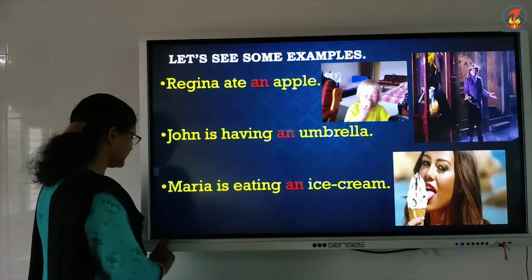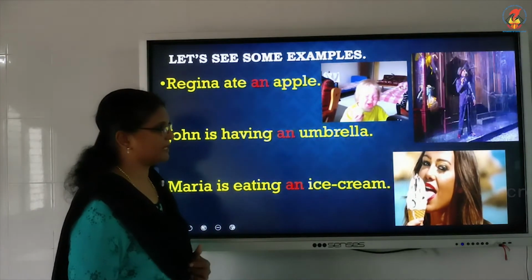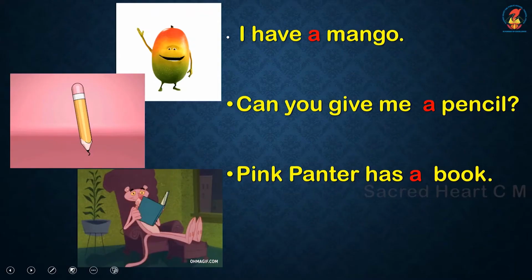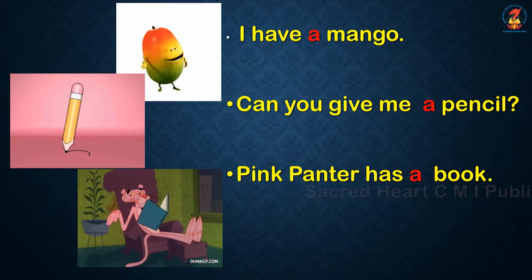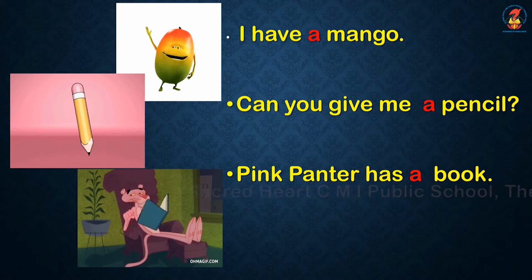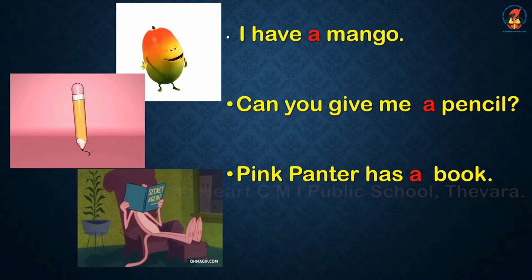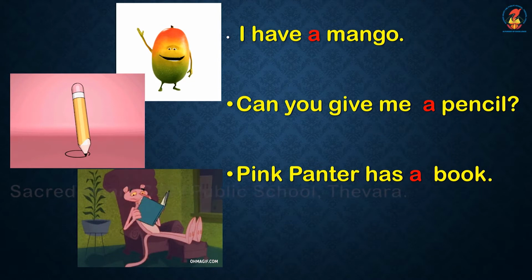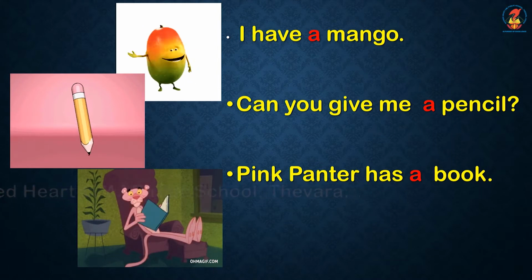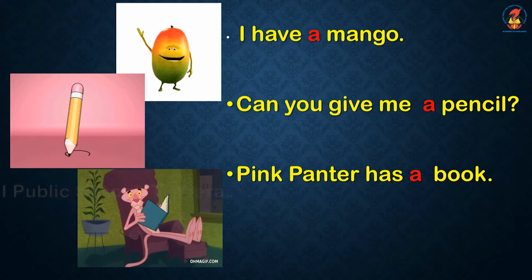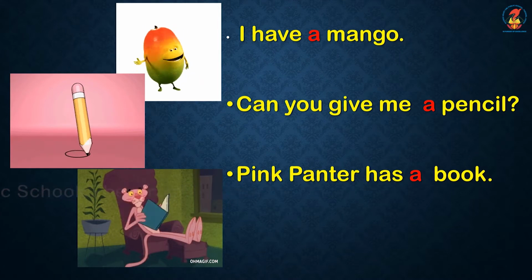So my little ones, let's see the next one. I have a mango. I have a mango. M sound is a consonant, so you use the word a. Can you give me a pencil? P sound is a consonant sound, so we are using a.